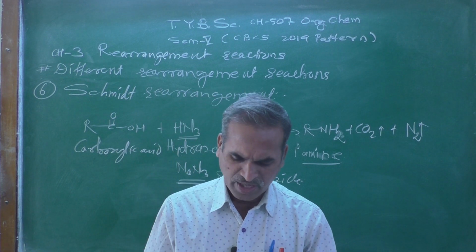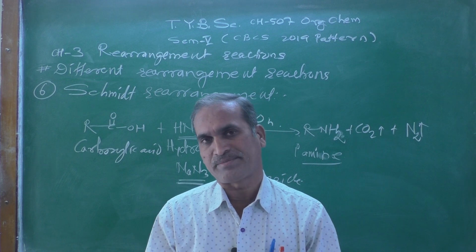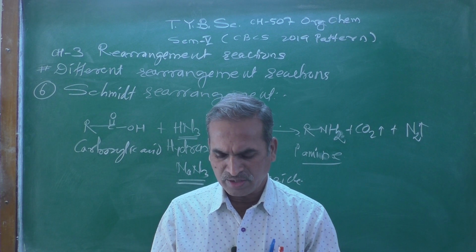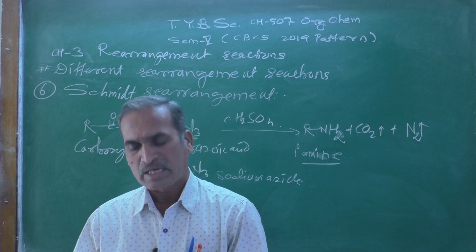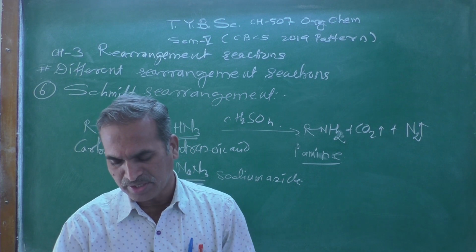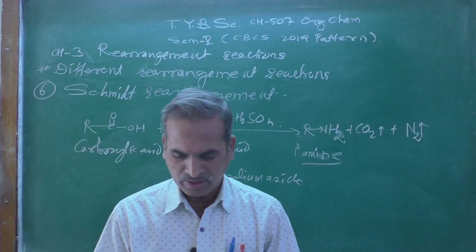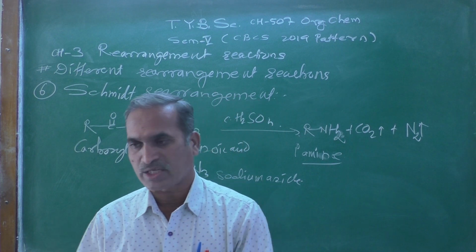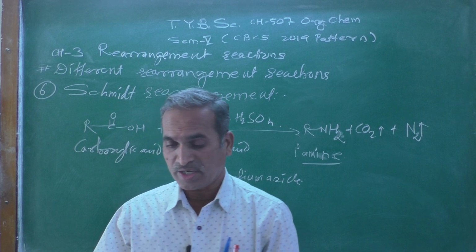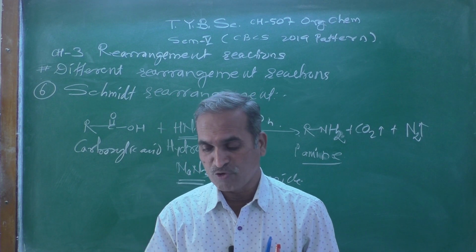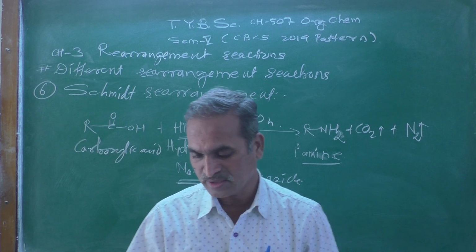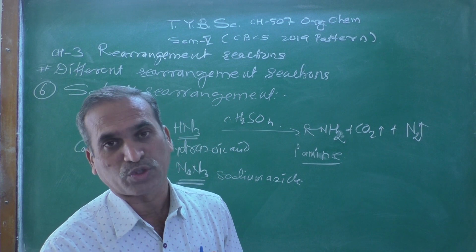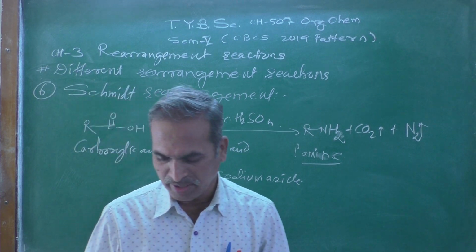And the isocyanate thus formed is further hydrolyzed under the reaction condition to give amine with elimination of carbon dioxide. Carbon dioxide is the driving force behind this mechanism to get the primary amine.